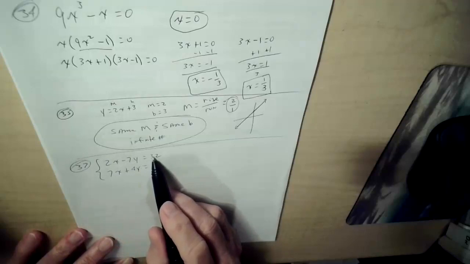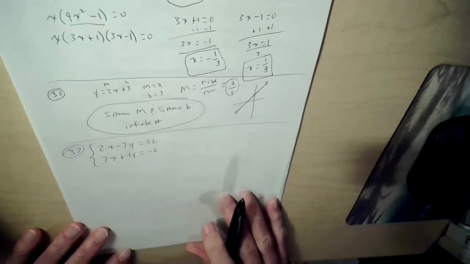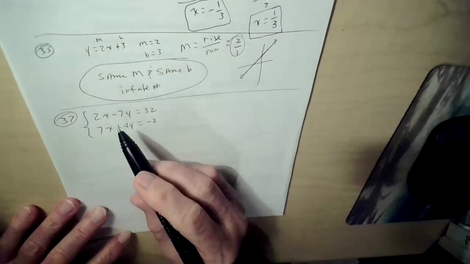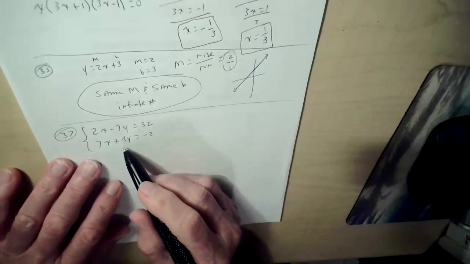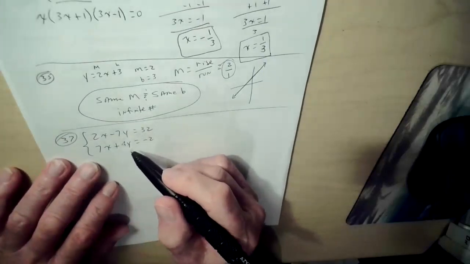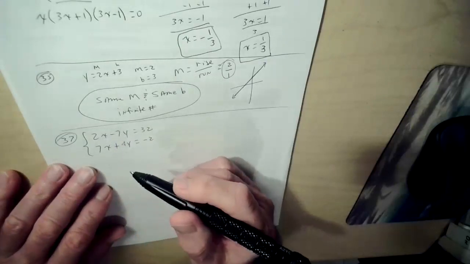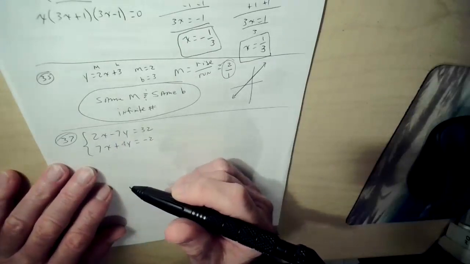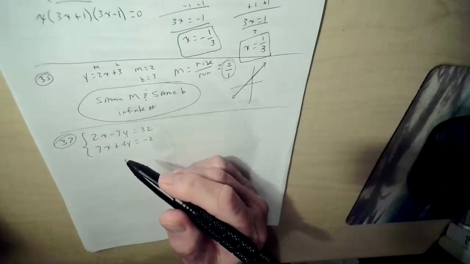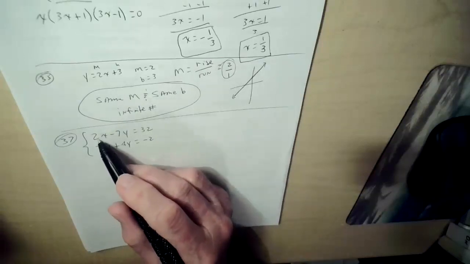What you want to do here is, you can do it, solve for one variable or the other. But then if you do that and then substitute it into the other one, you're going to have a real difficult time here because you're going to end up with fractions and all that misery. So what we want to do is eliminate one variable or the other.